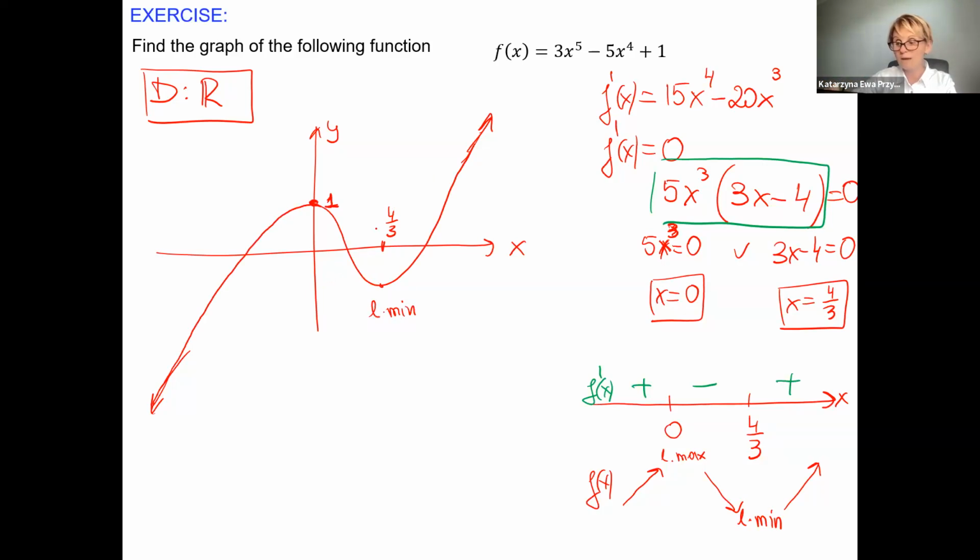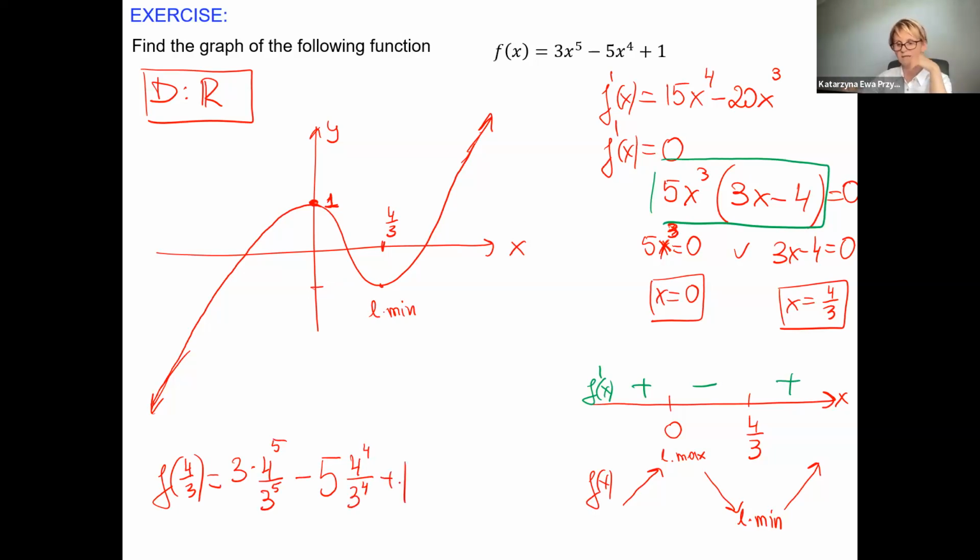Maybe we can actually make sure, because my value looks like it's below the x-axis, negative. I don't want to spend time, but let's check if this will be positive or negative. 3 times 4 to the power of 5 over 3 to the power of 5, minus 5 times 4 to the power of 4 over 3 to the power of 4, plus 1.